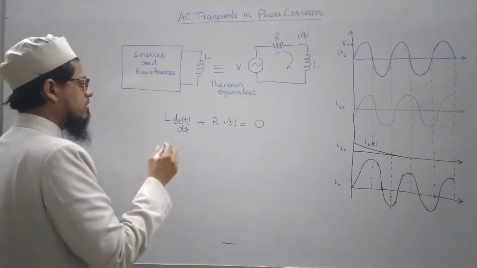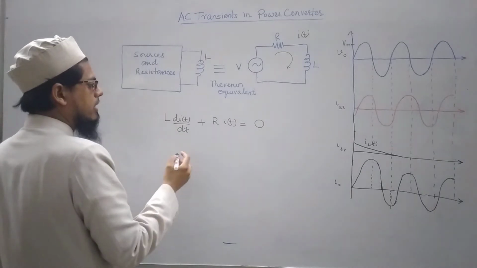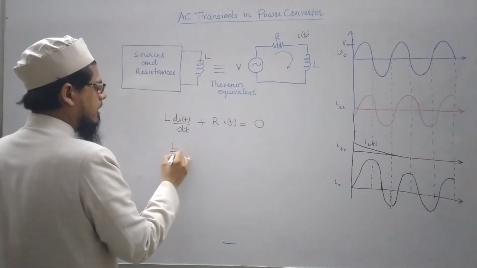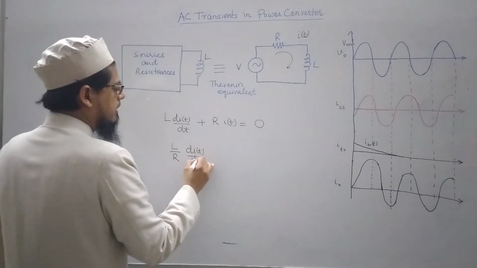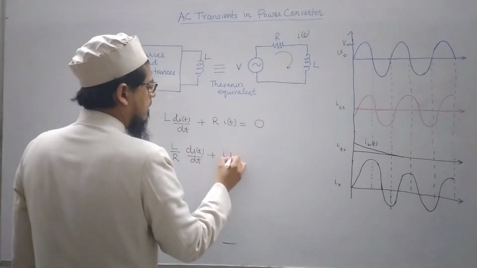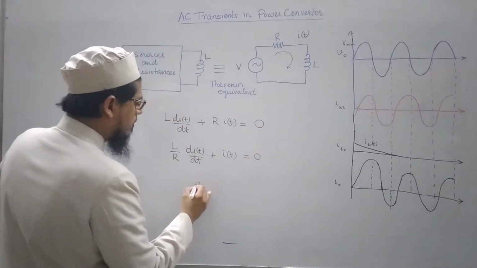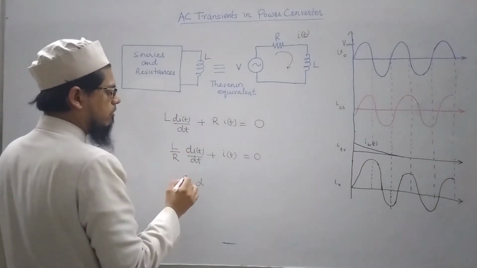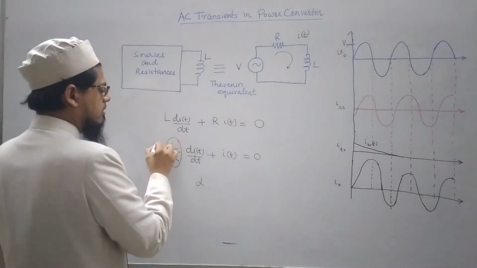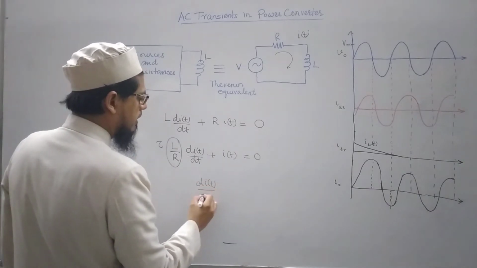Under this circumstance, let me divide the whole equation by R. So I get L upon R diT by dt plus iT equal to 0, and this L by R is tau, the time constant.